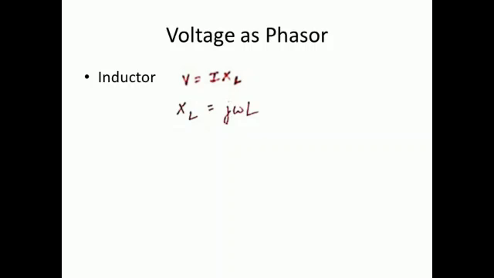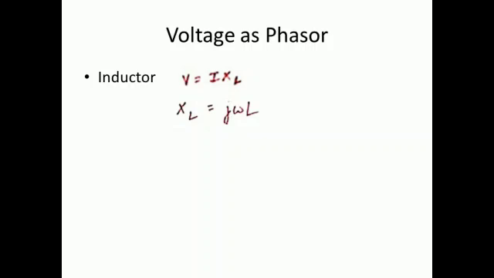Now, since the voltage across the inductor leads the current passing through it by 90 degrees, the inductive reactance omega L can be written as j omega L, because if you remember, j is an operator which, when operating on a quantity, rotates it by an angle 90 degrees in the anti-clockwise direction.